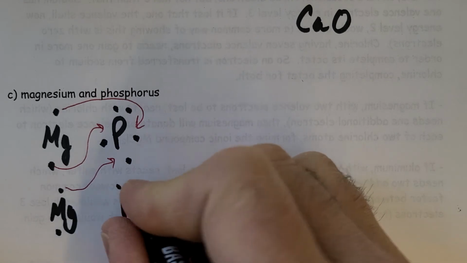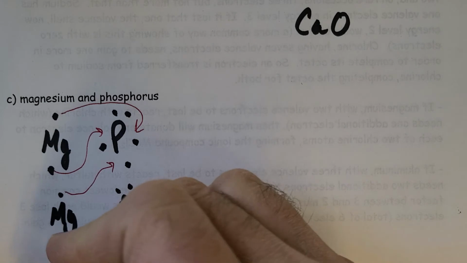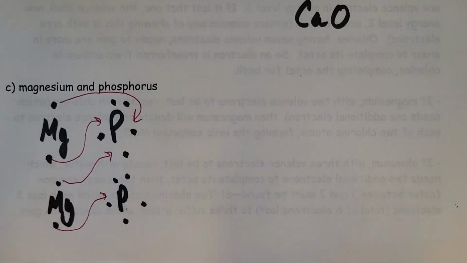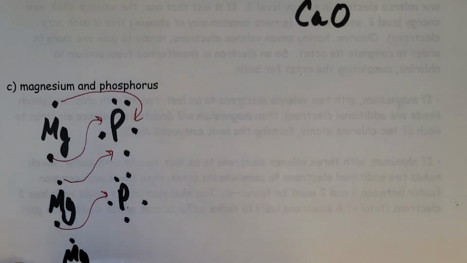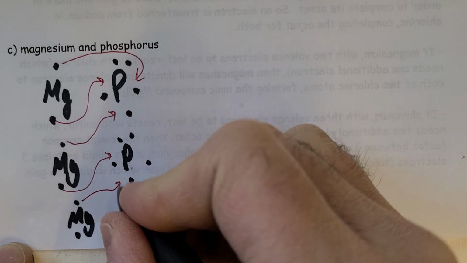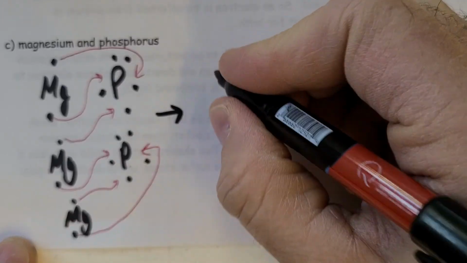So add another phosphorus. There you go, but now phosphorus needs 2 more. So if I have 1 more magnesium, that will be able to satisfy the requirements here. Here you go, and here you go. So what happens there? I have 3 magnesiums.